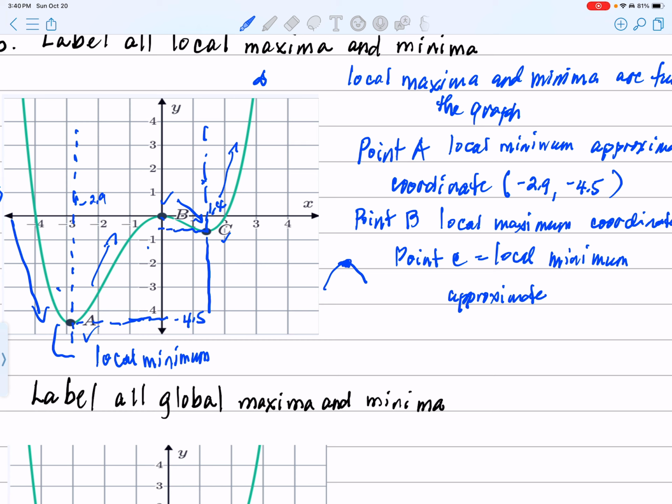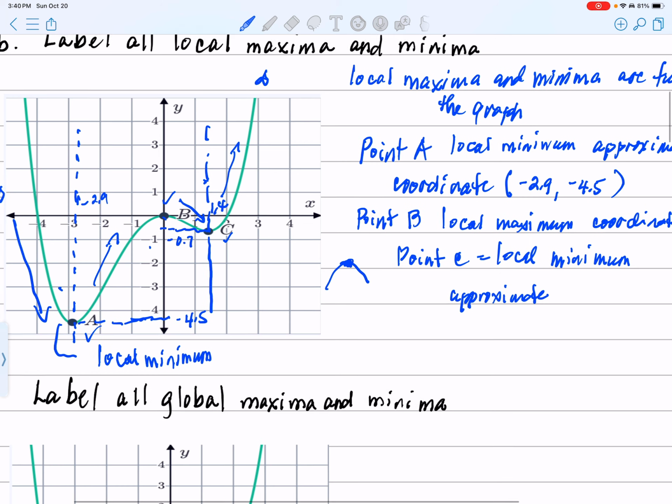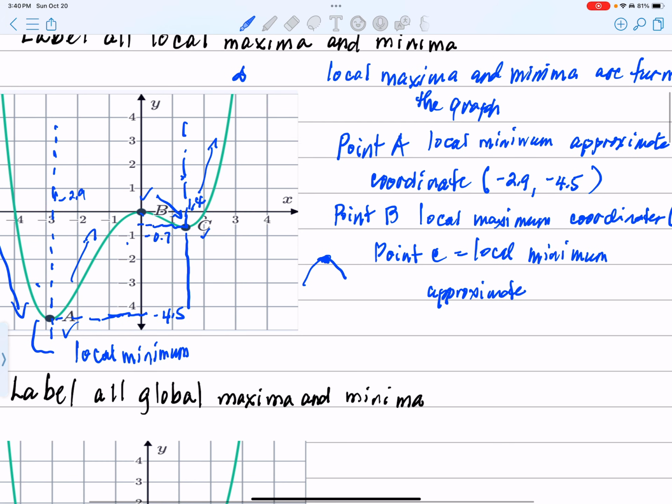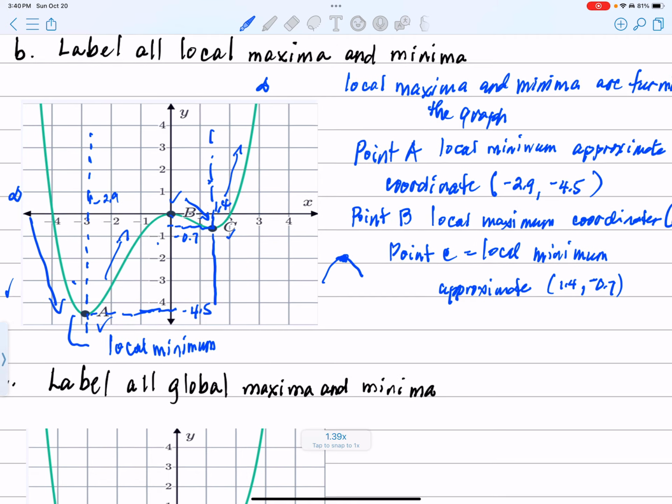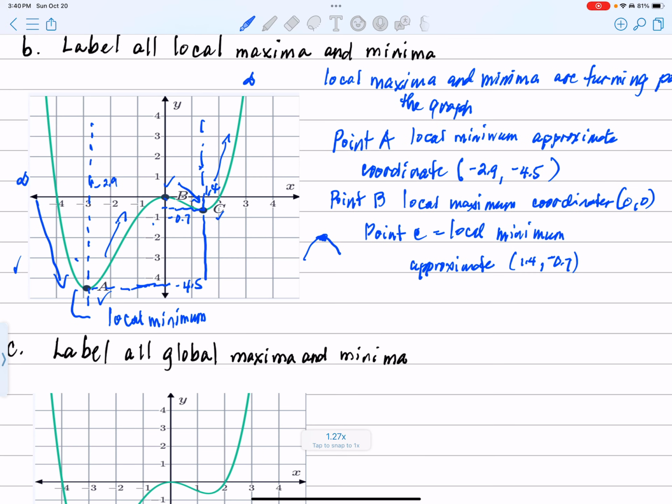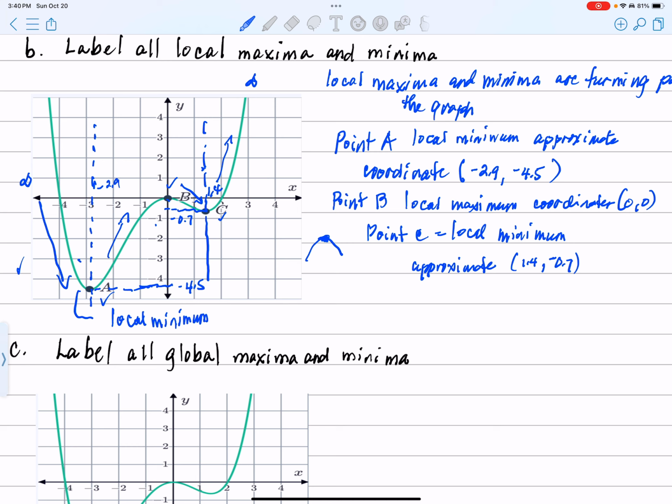So let's say a negative 0.7. Okay, I'm just approximating this. So I could say the coordinate is positive 1.4 and a negative 0.7. That's how we estimate the location of the point on the graph.